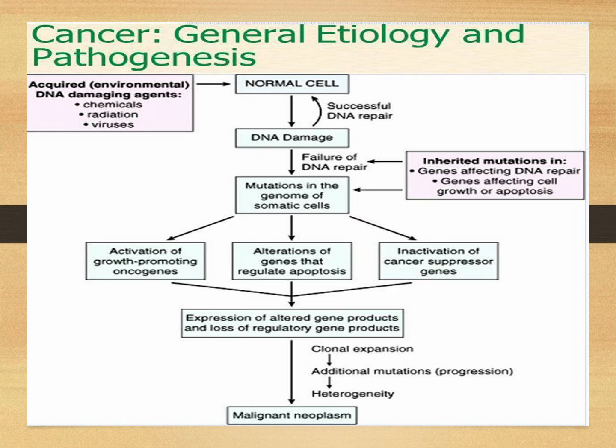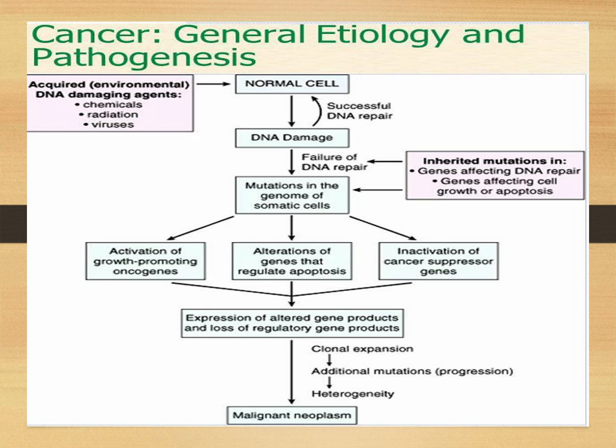Before going to the pathophysiology part, what is the difference between pathogenesis and pathophysiology? Pathogenesis describes the origin and step-by-step development of a disease. So here pathogenesis describes the origin and step-by-step development of cancer, how it starts and progresses. But pathophysiology focuses on the disordered physiological mechanisms and functional changes in the body as a result of that disease.